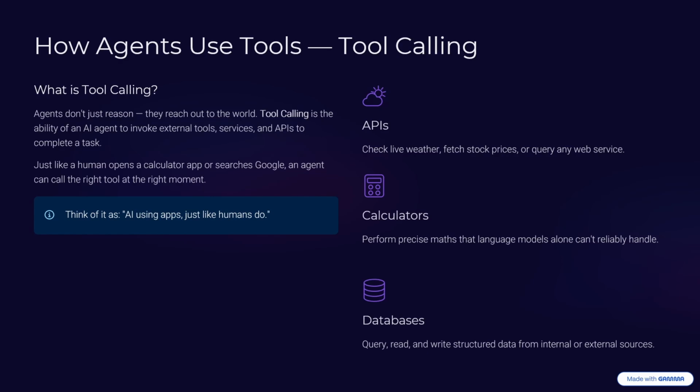It will check whether it has any tool which tells about weather. If it has, it is going to call that tool and get the live weather update based on the information I have given, like the city is Pune. That's how we get the information, using the tool.